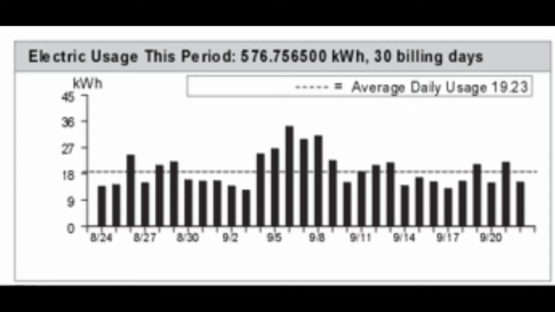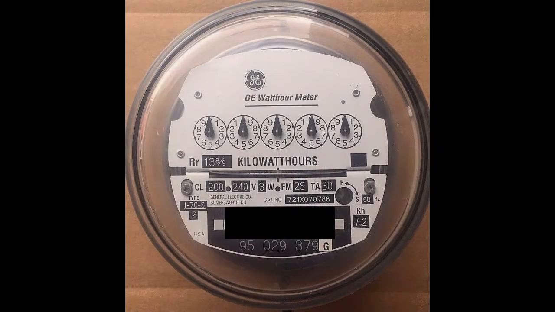Well, let's actually talk a little bit about how electrical usage is measured. In the past, electrical meters were analog, and the wheel that's in the center of this picture will spin at a speed depending on how much electricity is being used. If more electricity was used, it will spin faster, and if there's less electricity being used, it will spin slower.